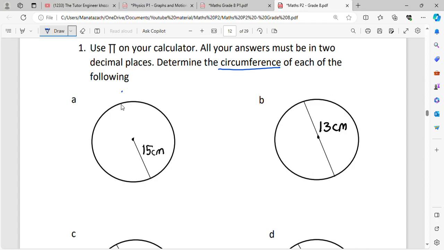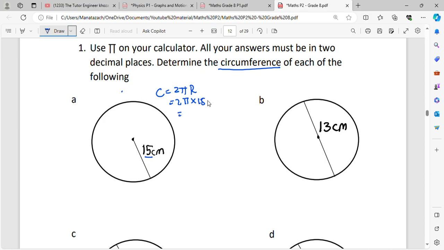So for question A, the equation of the circumference, first of all, is 2 pi r, r being the radius. So for question A, 2 pi times our radius, which is 15.